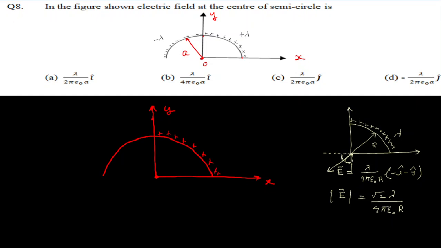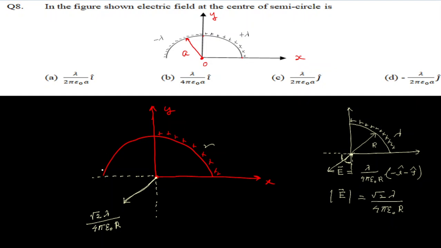From the concept that we have already learned in the last class, we can say that the electric field because of this part will be along this direction. And what will be the magnitude of this electric field? It will be root 2 lambda divided by 4 pi epsilon naught r.